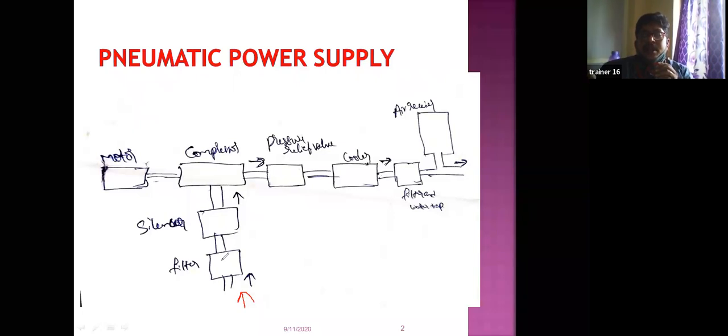That means the output of the filter is pure, so it eliminates the impurities. From the air also it eliminates the impurities, and then the output from the filter, the air, goes to the silencer.